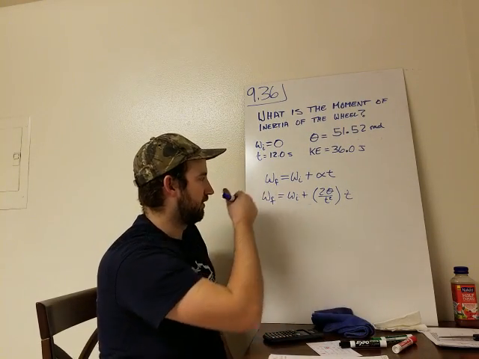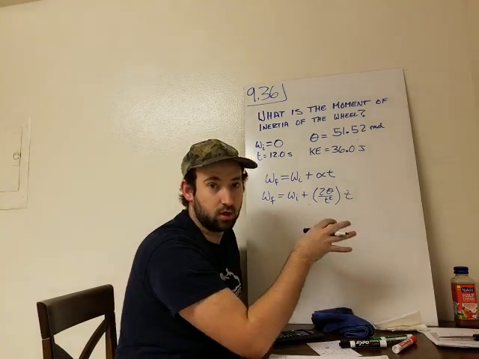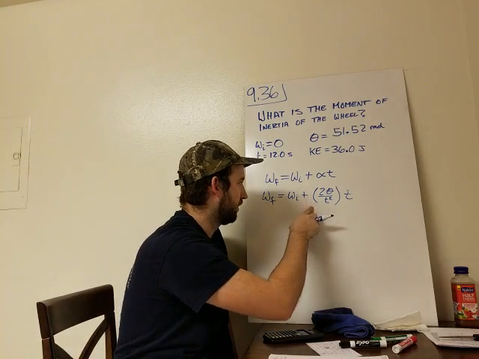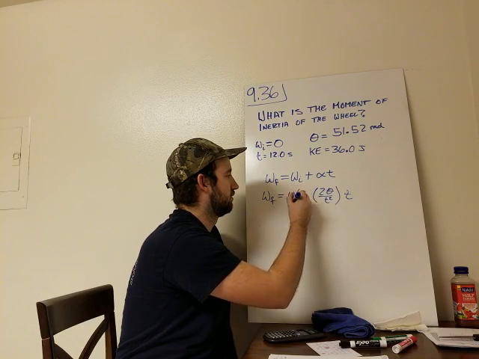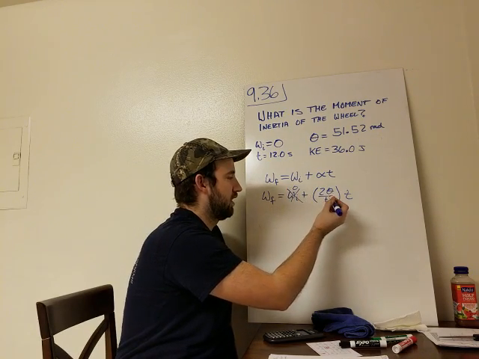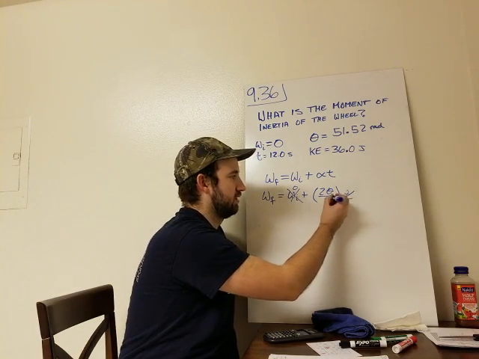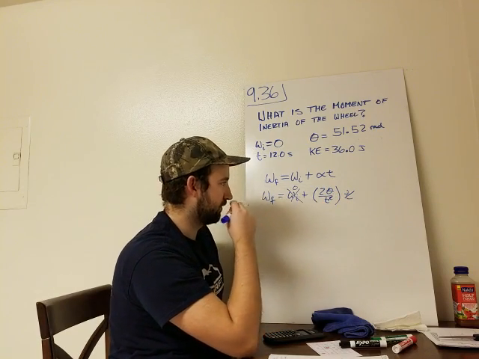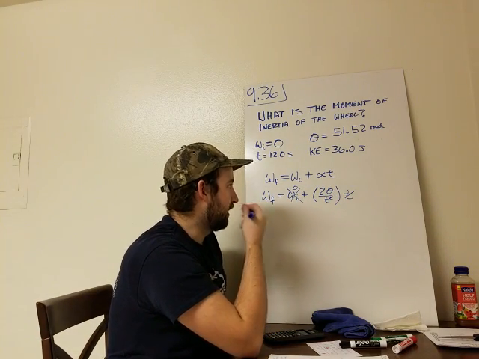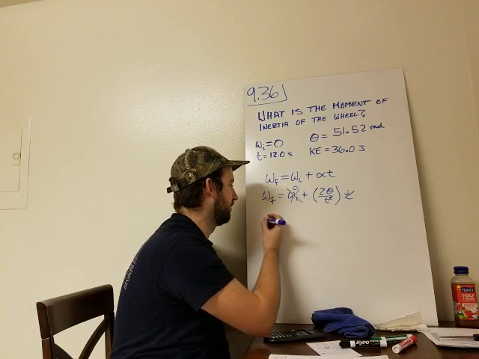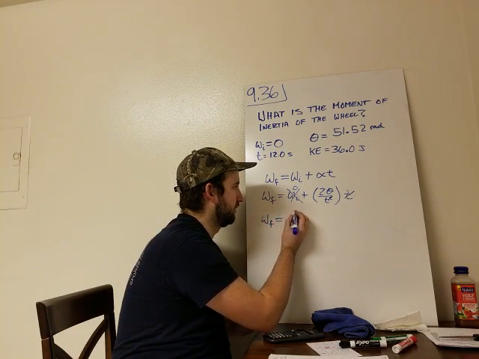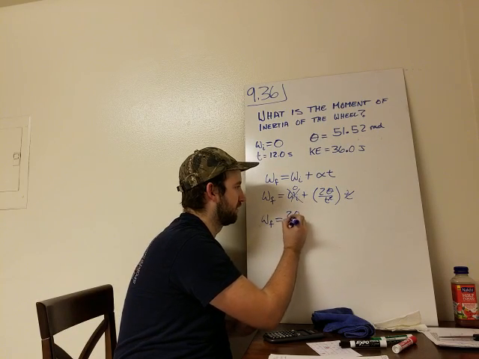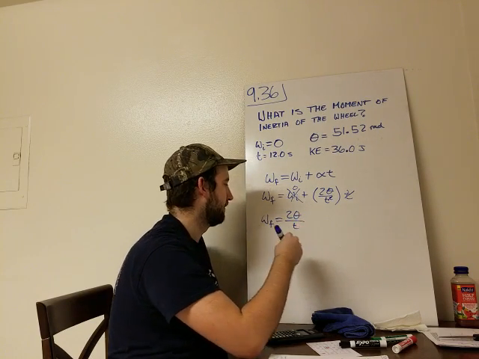This is going to be really easy to work with, because we know that the initial is just 0, and then we can cancel the squared on the t. Once we clean that up a little bit, we get that the final angular velocity is equal to 2 times the displacement over the time.